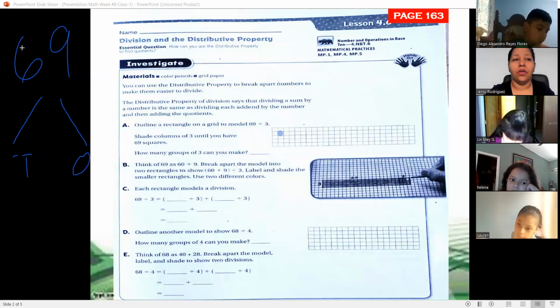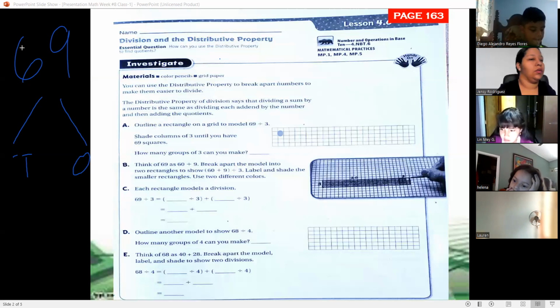Now, guys, when I break apart in tens and ones, I'm not saying like the half of 6 is 3. No. I need to break apart 69. According to the place value, what is the number that is representing tens? 60.